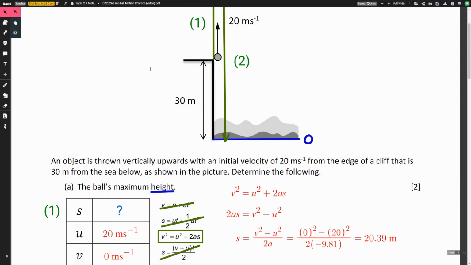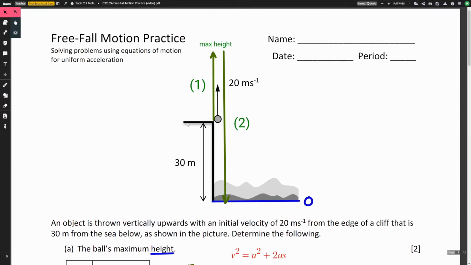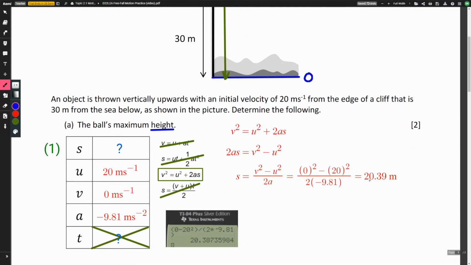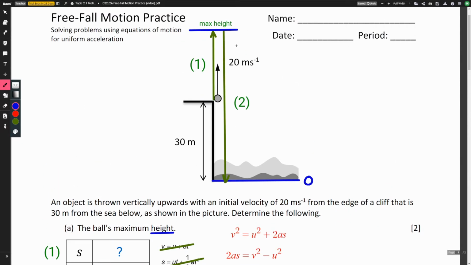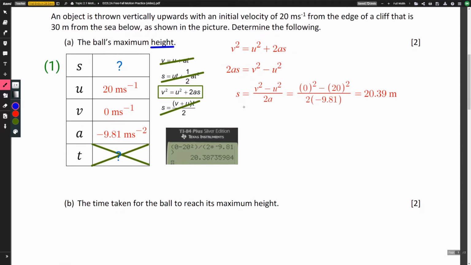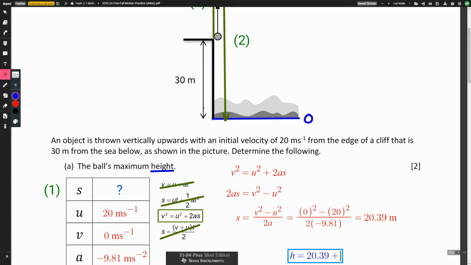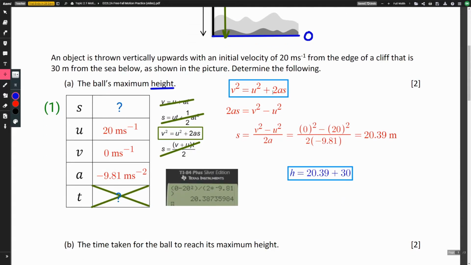We have found the displacement from the 30-meter starting point. What we found was how high this was. That we know this distance between these 2 points, that distance is 20.39. To find the height, we have to actually go all the way back down to the 0. To do that, we'll call it h. We just have to take the 20.39 and add on to it that 30 that it started from.